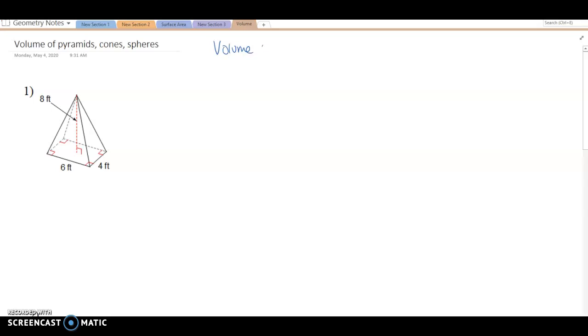So to find the volume of a pyramid or a cone, what you're going to do is take the area of the base, so big B, times the height divided by 3. You can also write this out as 1/3 area of the base times the height. Again, keeping in mind the capital B is area of whatever shape is your base.